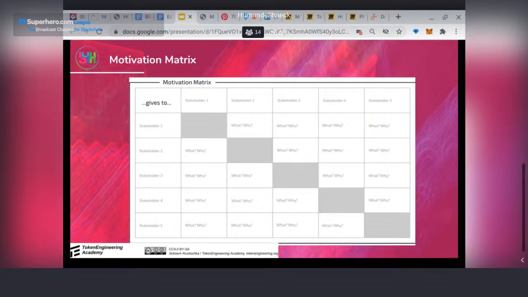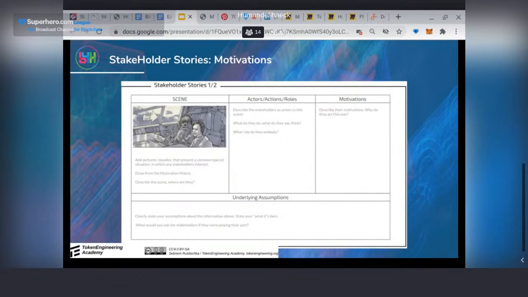You will have these gray squares, because what stakeholder one gives to stakeholder one, you don't need to trace. But what stakeholder one gives to stakeholder two, and vice versa, the other way around, you need to define as well. That's why you find this matrix built as it is.